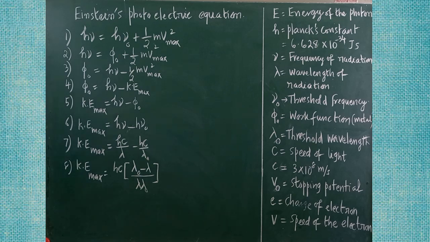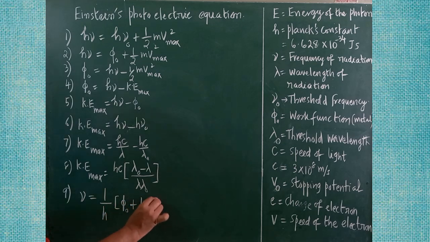Are you clear? And then one more formula, very interesting one, to calculate the frequency of the incident photon. This formula is also available from the derivation, 1 by h in bracket phi naught plus half m v max square. So this is another formula available.